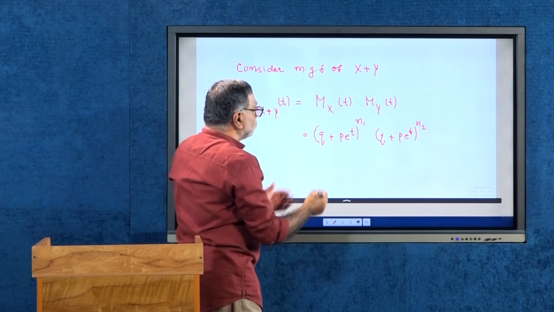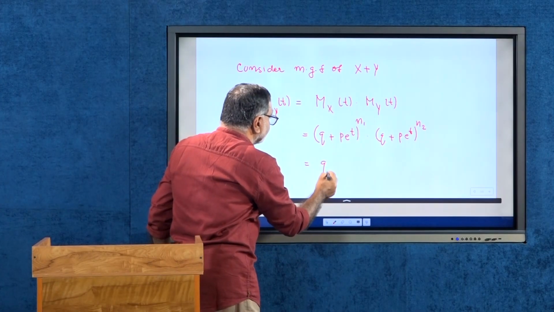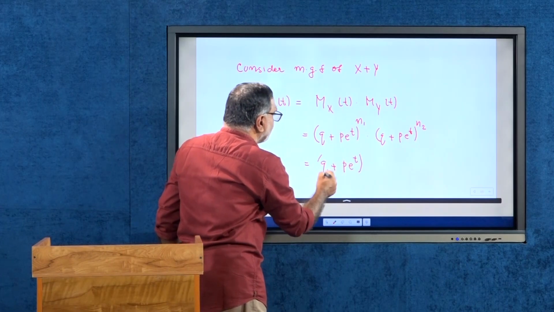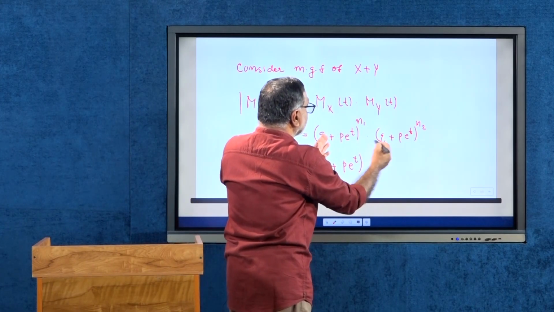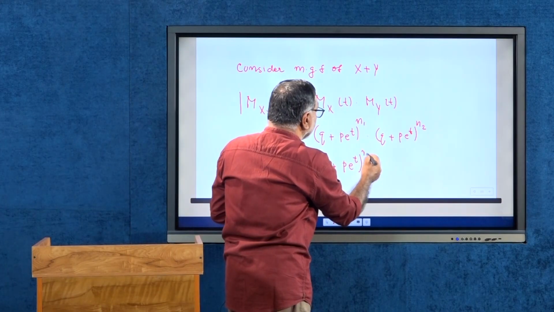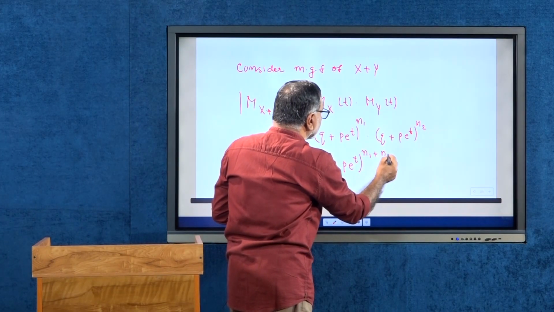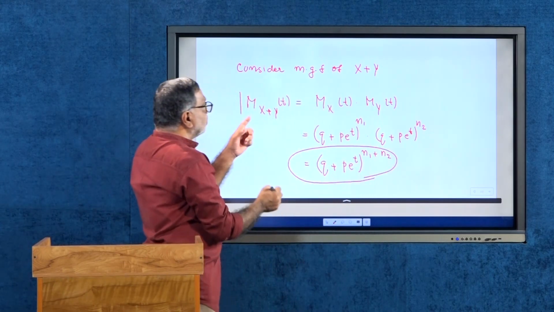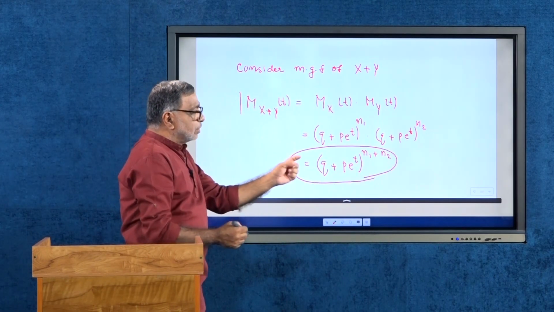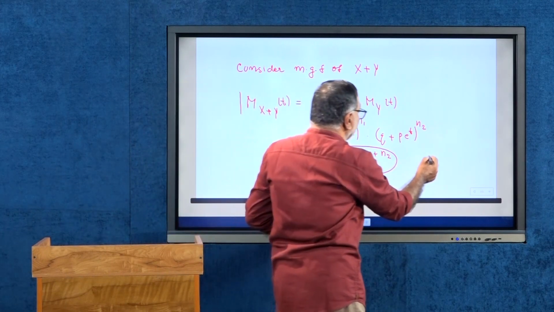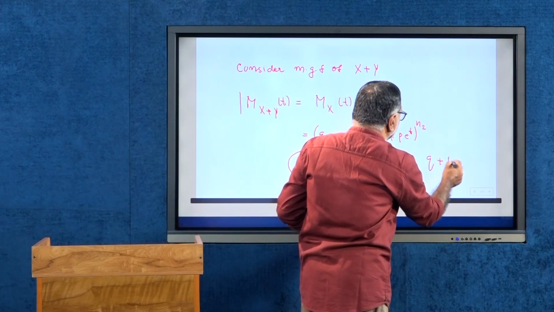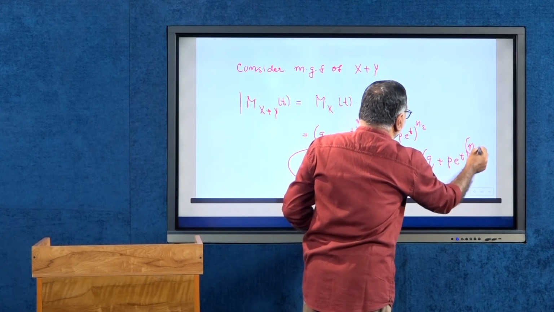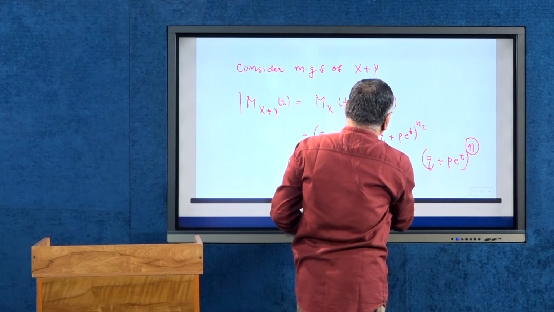And combine these two factors, you can write this as q plus p e power t all power, both are the same base, so this is power n1 plus n2. Just look at the moment generating function. This is the moment generating function of x plus y, that is similar to the moment generating function of the form q plus p e power t all power n. Instead of n, we have n1 plus n2.